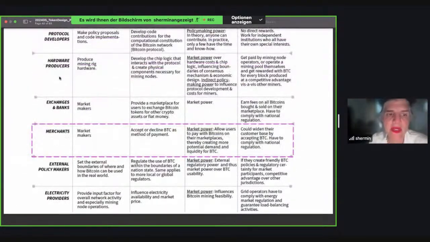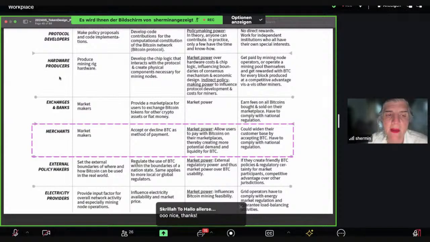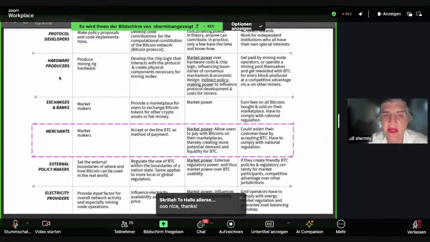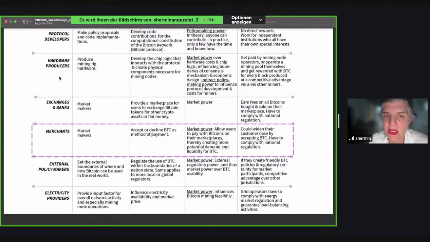Very similar to exchanges, merchants are also market makers. Any merchant that accepts or declines Bitcoin has an influence on Bitcoin adoption as a method of payment.